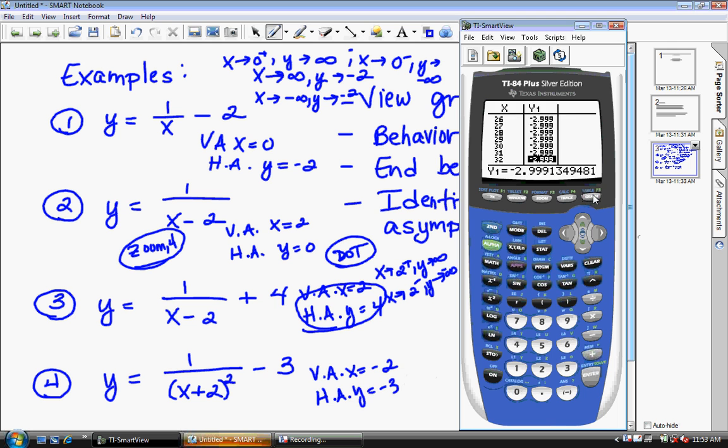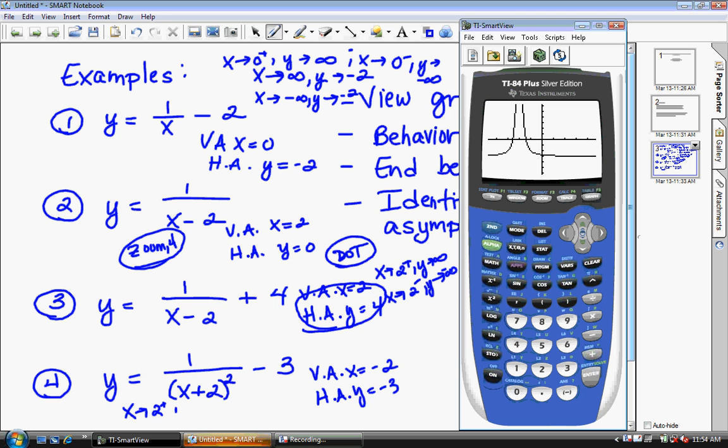So we know that confirms our horizontal asymptote. Now going back to the graph, we can talk about the behavior as we're approaching negative 2 from the right. y is going to infinity. As we approach it from the left, y is still going to infinity. And as x approaches infinity or negative infinity, y is approaching negative 3. So our end behavior around the asymptotes is this.